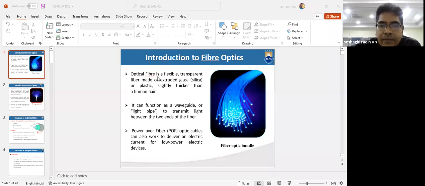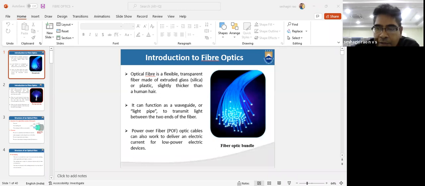Now let us see. An optical fiber is a flexible transparent fiber made of extruded glass material, called silica, or plastic, slightly thicker than a human hair. It can function as a waveguide, that is, it is used for transmission of waves. An optical fiber is a cylindrical transparent dielectric medium to guide visible and infrared light over long distances.